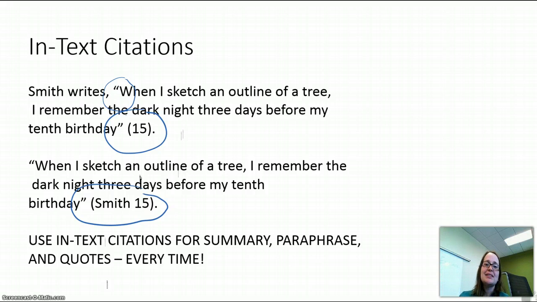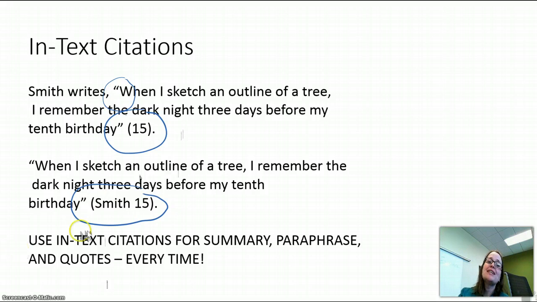So if I wrote Smith writes that he, quote, sketched an outline of a tree, I wouldn't have a comma after Smith writes. So it takes a little bit of practice, but think about, is the signal phrase essential to the sentence working as a sentence? If so, you don't need the comma. Is the signal phrase not essential to the whole thing standing alone as a sentence? Then you do use a comma.